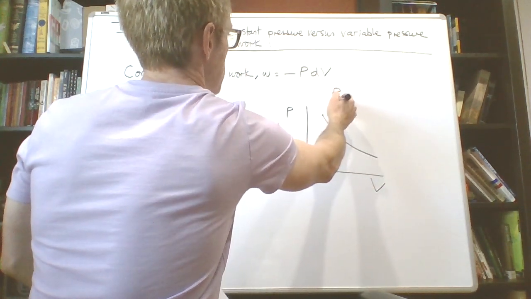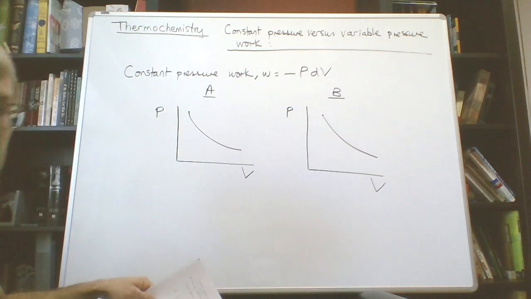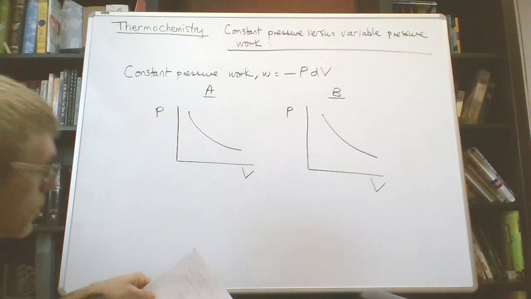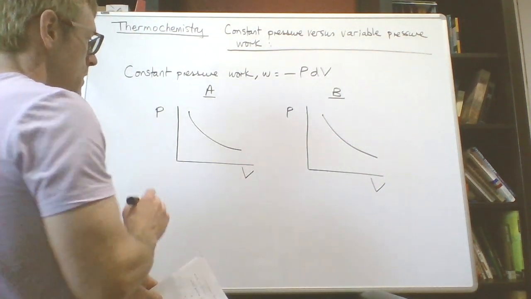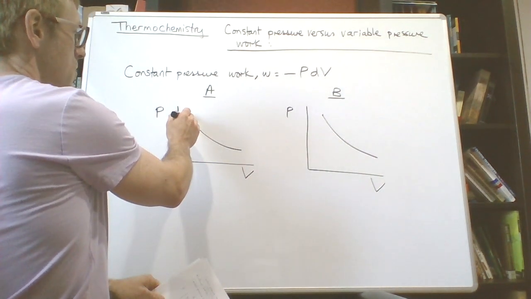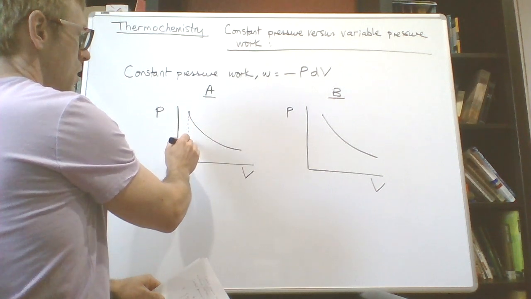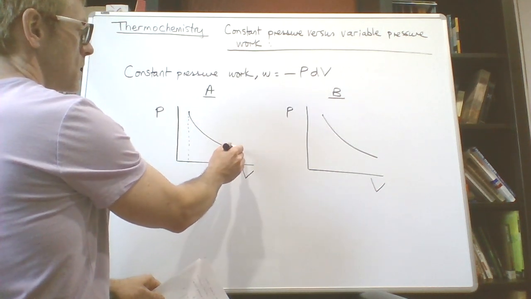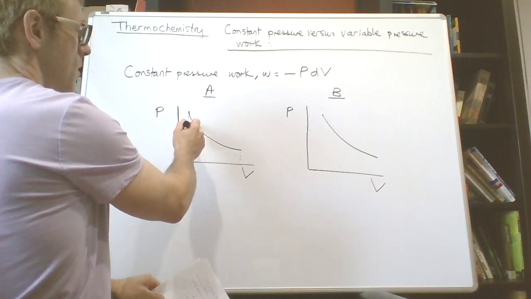Let's call this B. Okay, so I've got two plots of pressure against volume, A and B. Well, typically we say that the work done by the system is the area under that curve. So if I look at the area under this curve, so I'll do a dashed line under the curve.